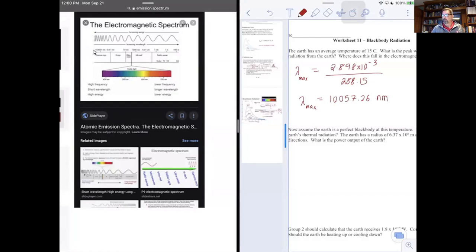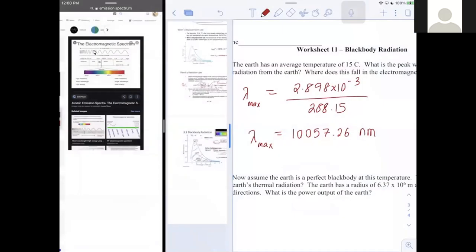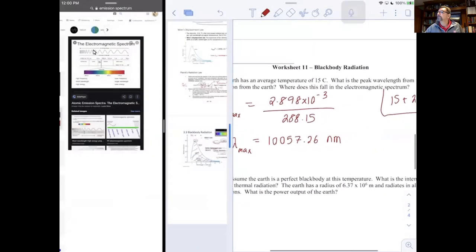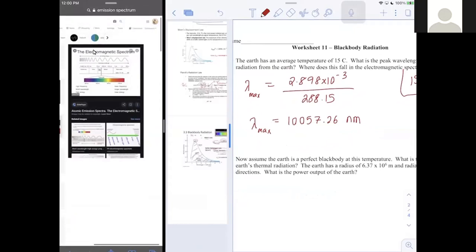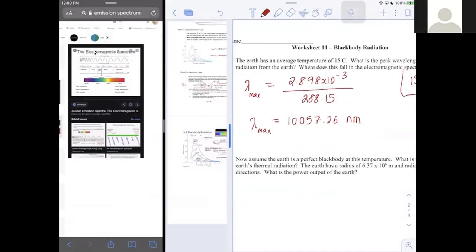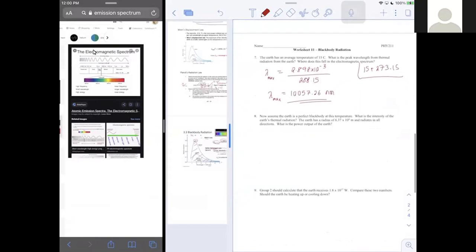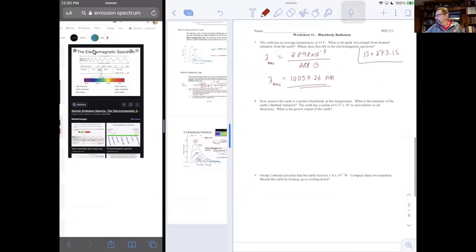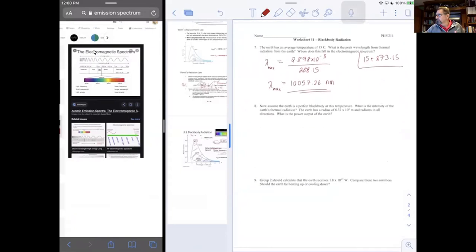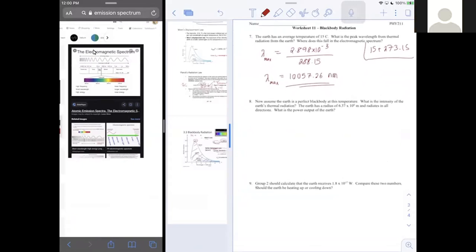So it's about 10 micrometers, right? Yeah, it's about there. I think you're definitely in the infrared. Great. I just didn't know where this would fall on the spectrum, but as you said, it's definitely infrared. Awesome. So you go on now, you're going to do the Stefan-Boltzmann law, and I'm going to let you play with that for a little bit. I'm going to go back to one of the other groups.